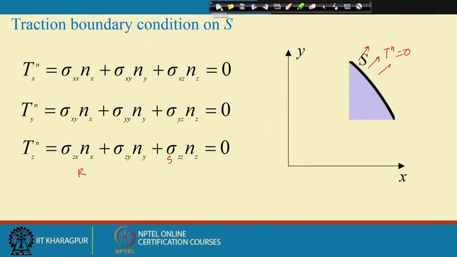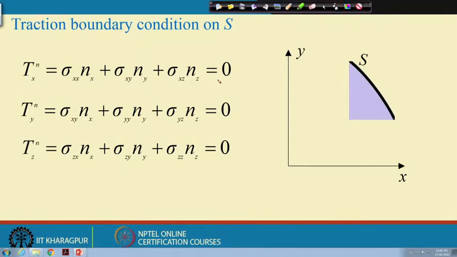All these components vanish, because either nz is equal to 0 or sigma zz is equal to 0, and the only non-zero components are these. So, your traction essentially becomes this.